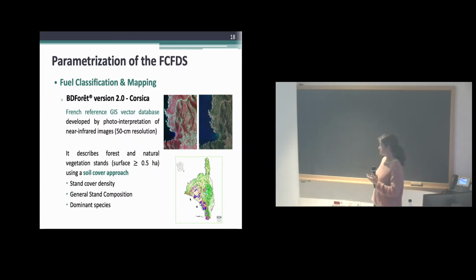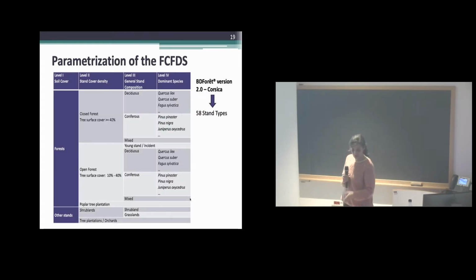This database is commonly used by foresters and land managers, and the characterization is made using a soil cover approach. So we have different levels of information: the soil cover, then information on the stand density, then the general composition, and in some cases also information on the dominant tree species.